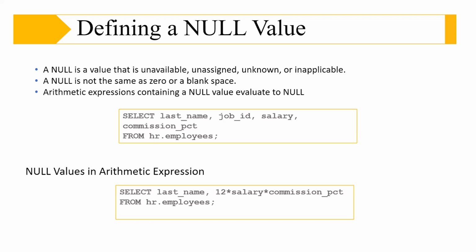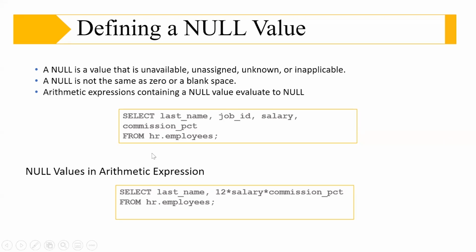As simple as that. Why we are discussing this is that you have to keep in mind that an arithmetic expression containing a null evaluates to null. In your data, you have last name, job ID, salary, and commission percent. Every employee does not get a commission percent; only a few of them do.